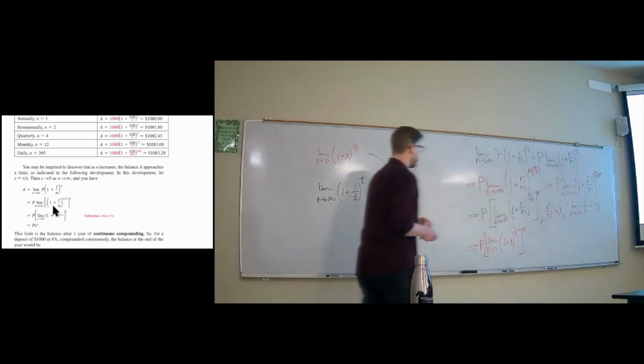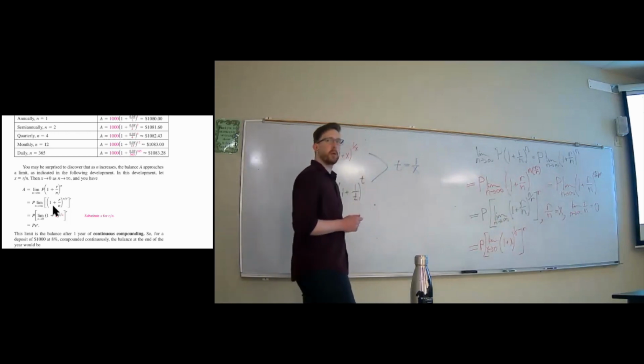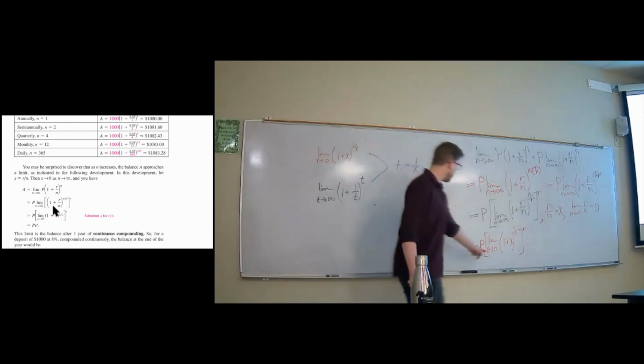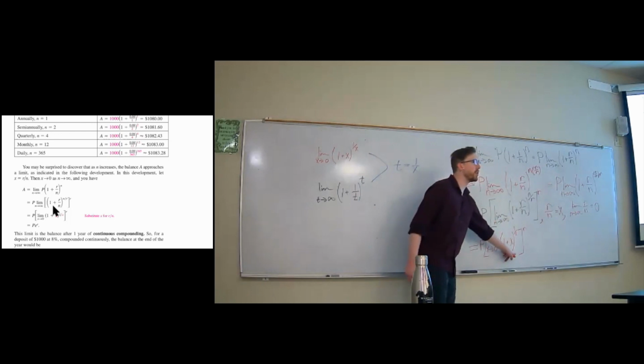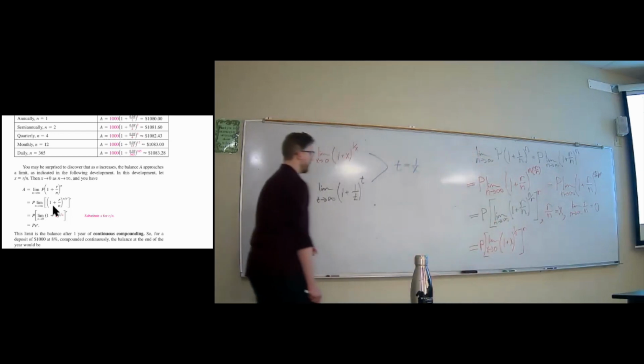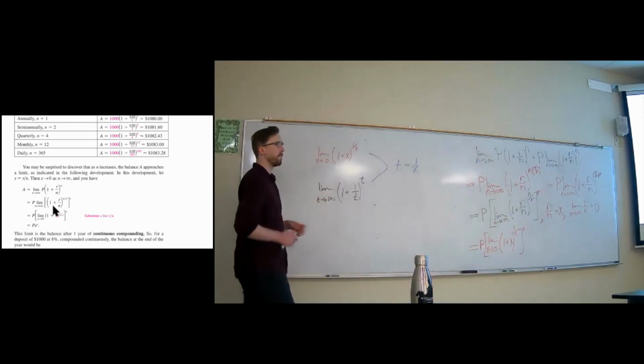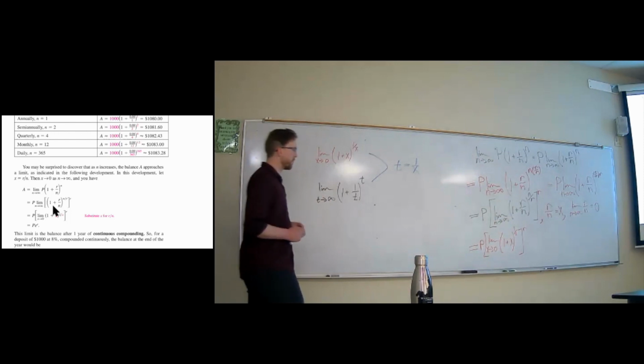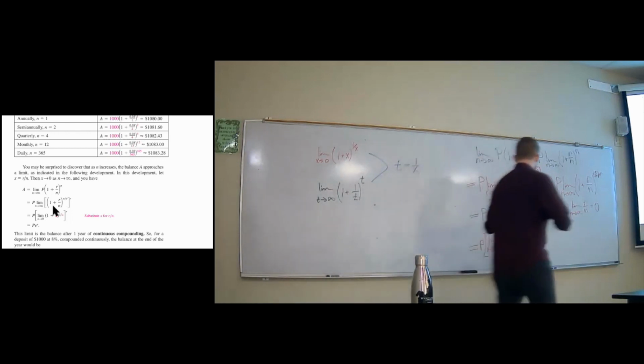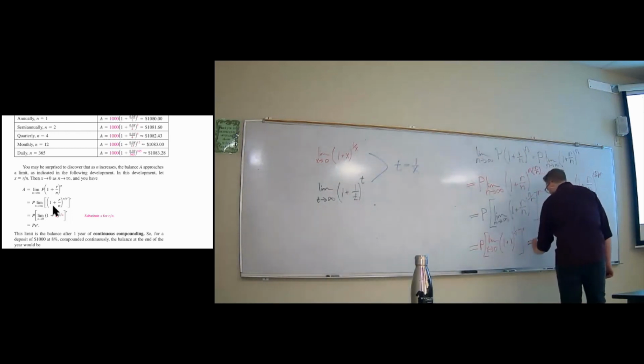Well, lo and behold, what we just got is a limit definition of e. So this has to be equal to the principal amount times e raised to the r.